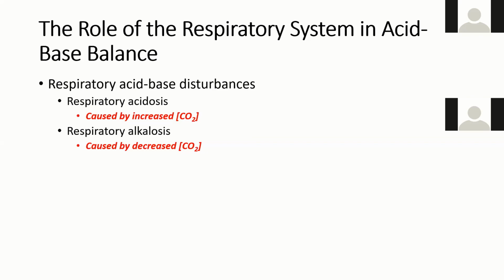But respiratory acidosis means that you have a lot of CO2 in your cardiovascular system because you're not breathing out enough CO2. So that's a problem. That's a disturbance to our acid-base balance. And the reverse is also a problem. If you have decreased CO2, you're going to have higher pH, and that's respiratory alkalosis.